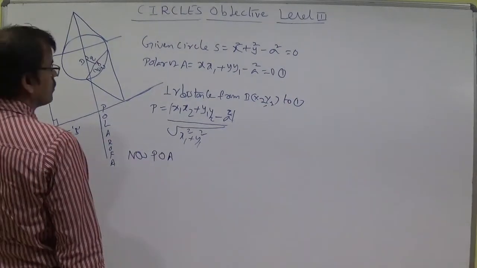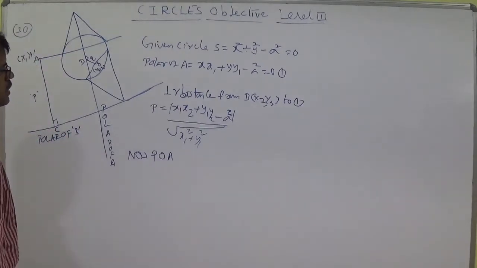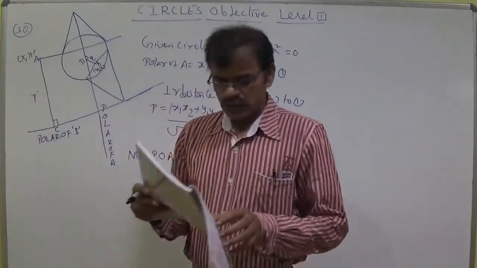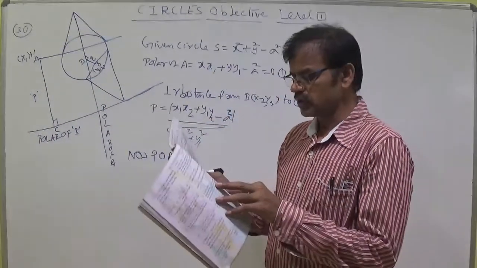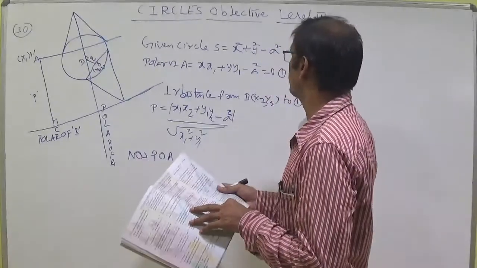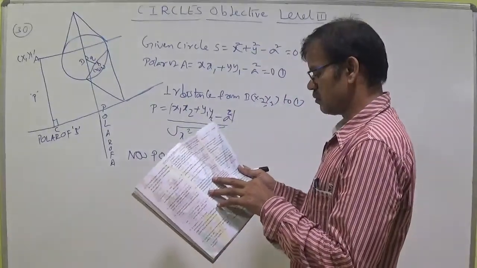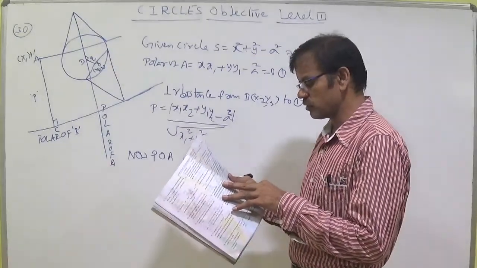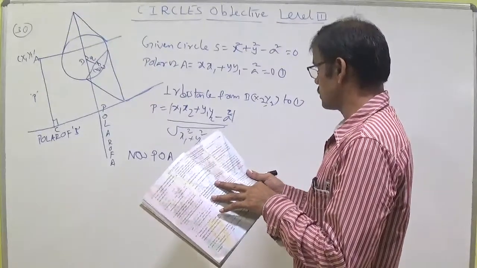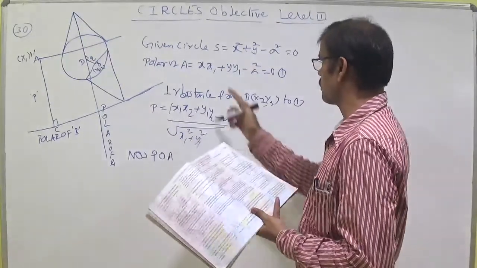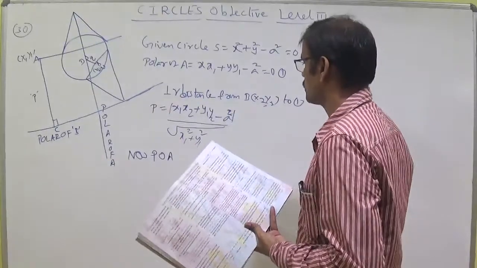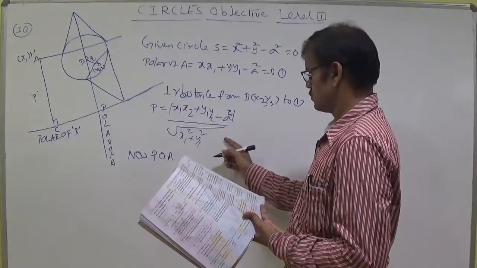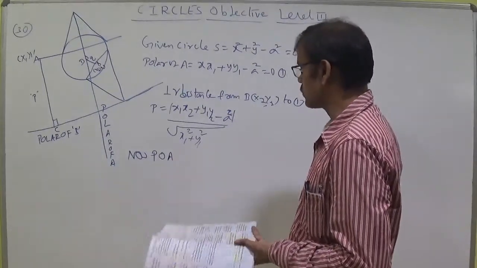So the perpendicular distance from B x2 comma y2 is as given. A and B are two fixed points. Perpendicular P is drawn from A to the polar of B with respect to the circle x square plus y square equal to a square. Whenever A is equal to x1 comma y1, here we can write POA. This is P. POA means root of x1 square plus y1 square.